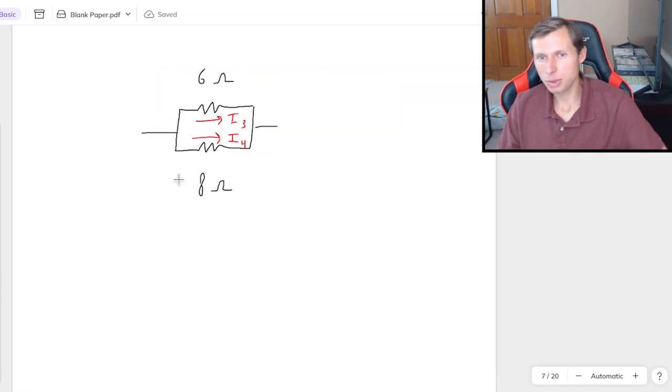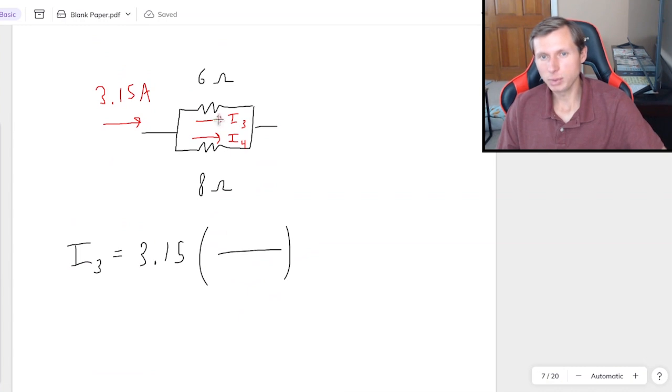Now if I want I3 and I4, the total is still 3.15 amps. And I'm just doing the same equation. So I3 is going to be the total, 3.15, times the total resistance, which again we did earlier. I combined these in parallel and got 3.43, and then divided by resistor 3, which is the 6 ohm.